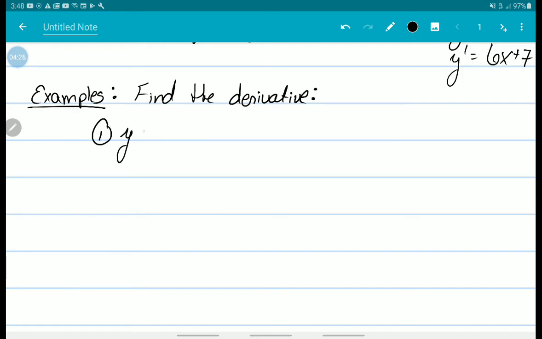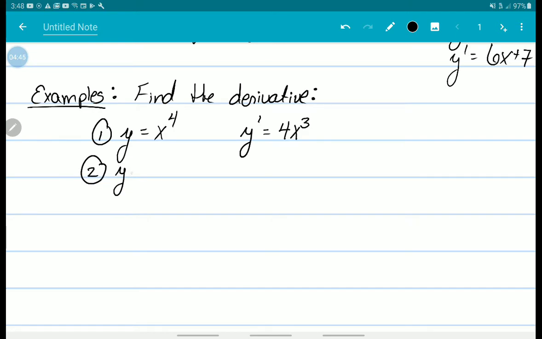Let's say we have y is equal to x to the 4th. So our derivative, we're going to bring the 4 down and subtract 1 from the exponent. So it's going to be 4x cubed.